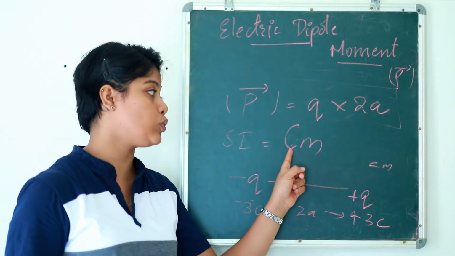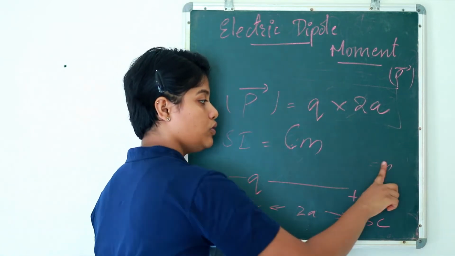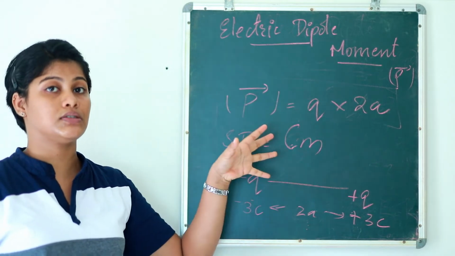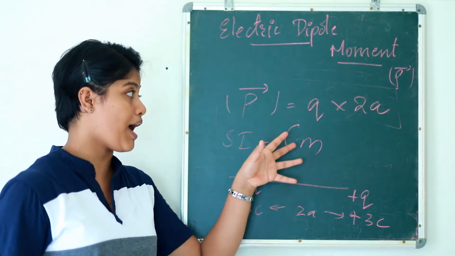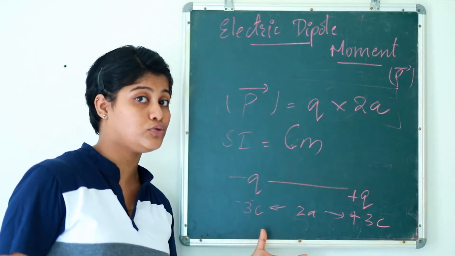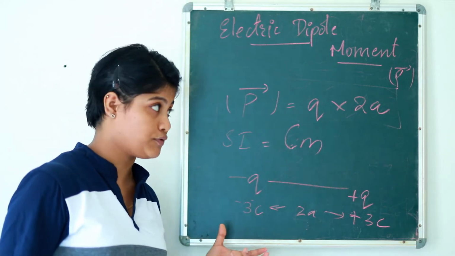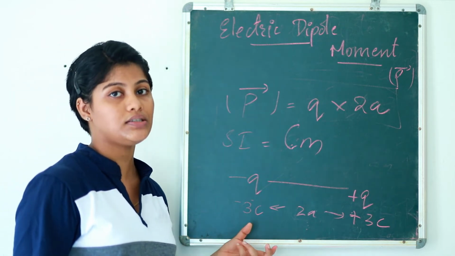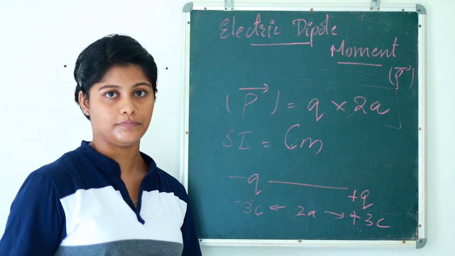It's not centimeter, it's coulomb meter. Don't make this mistake. So what is the dipole moment? Dipole moment is the product of the magnitude of either of the two charges and the distance between these two charges of the dipole.